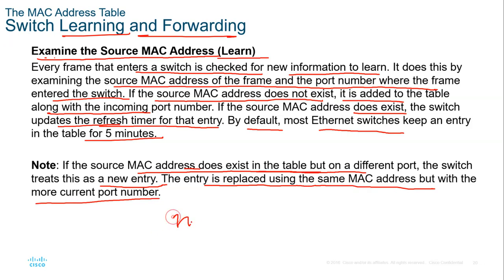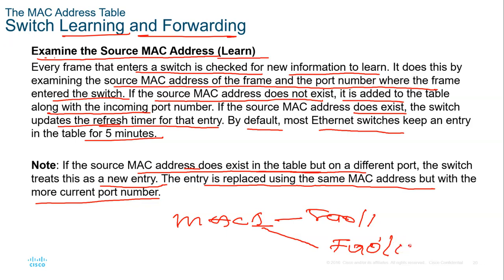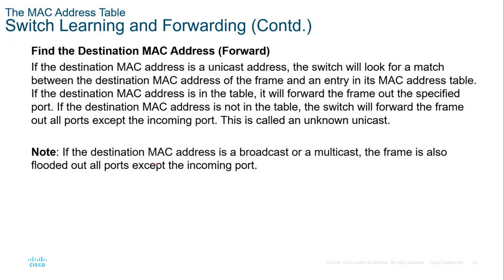So if MAC address 1 is recorded with F0/1, and then you decide to connect this computer to FA0/10, then the MAC address is going to remain, but the port number is going to be replaced from 1 to the more current port number, which is 10.